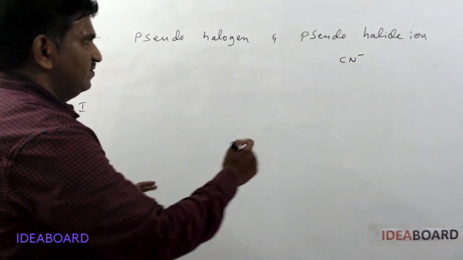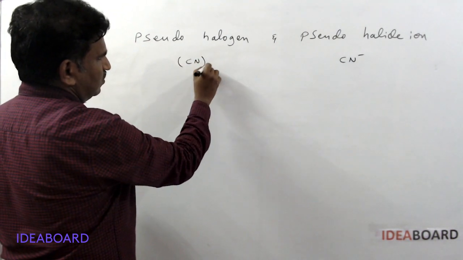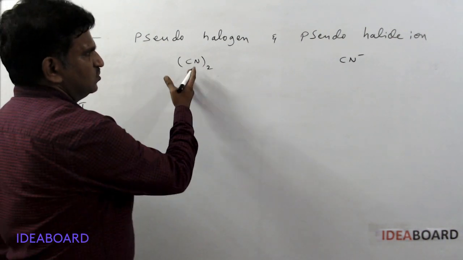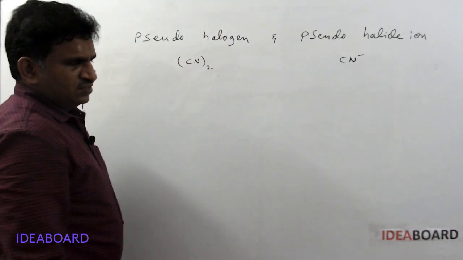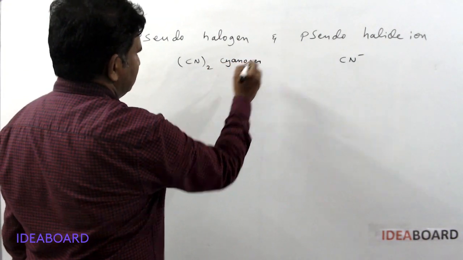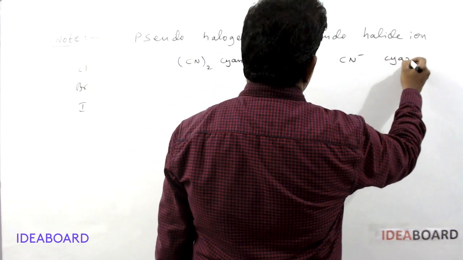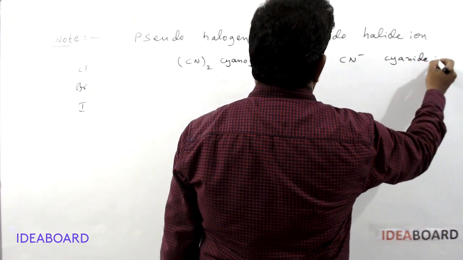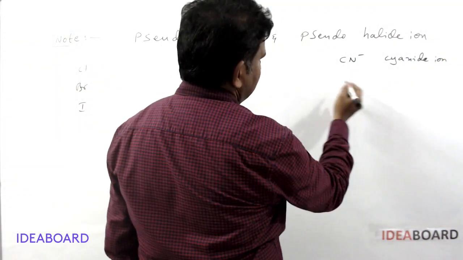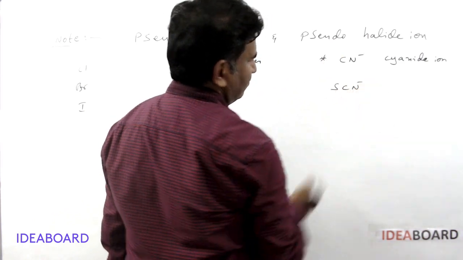And if it dimerizes, then it gives a molecule, (CN)2. This is called a pseudohalogen. It is commonly called cyanogen, and CN minus is called the cyanide ion.